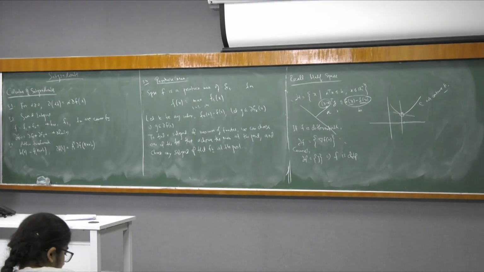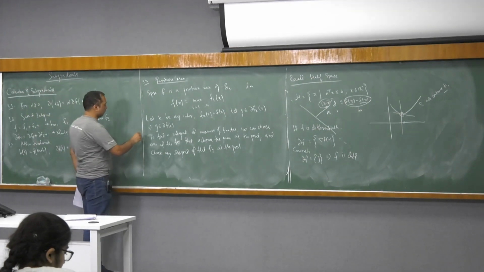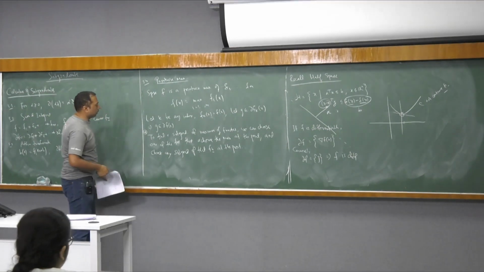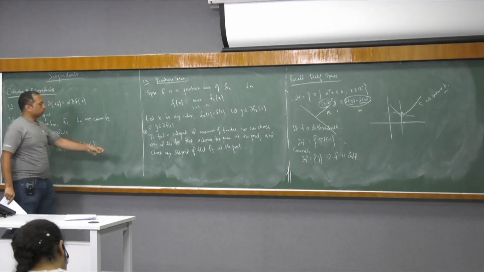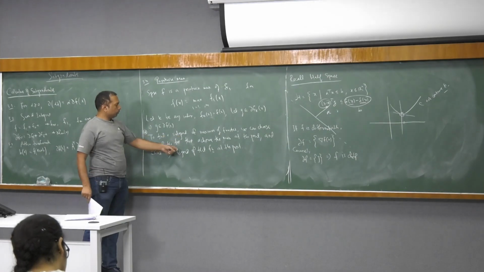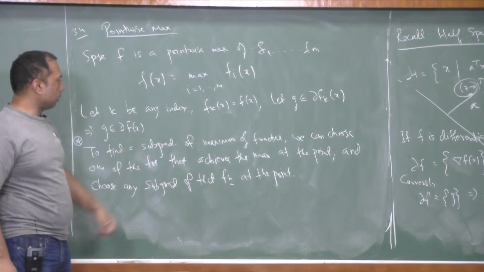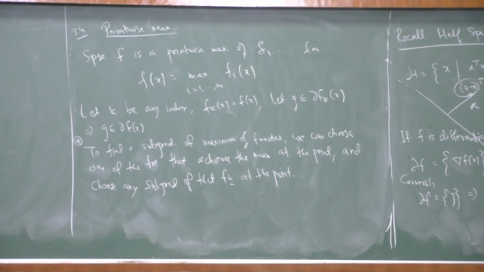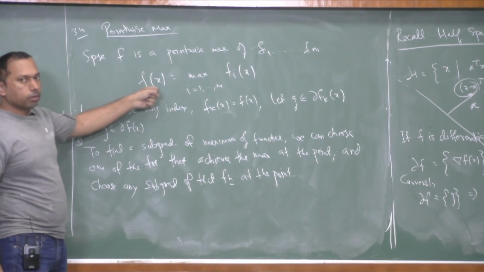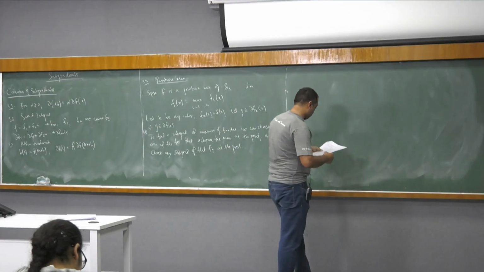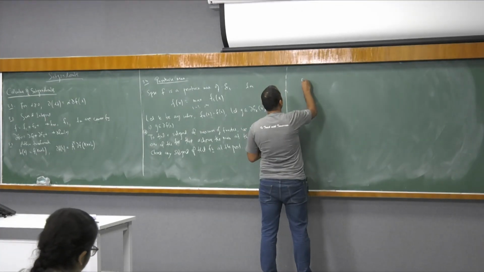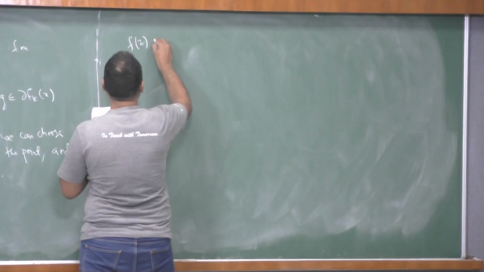So if this is our plan, can we verify it? By doing this, choosing a subgradient of the function that is the maximum at that point, will it be a valid subgradient of f itself? So we can try to prove this.